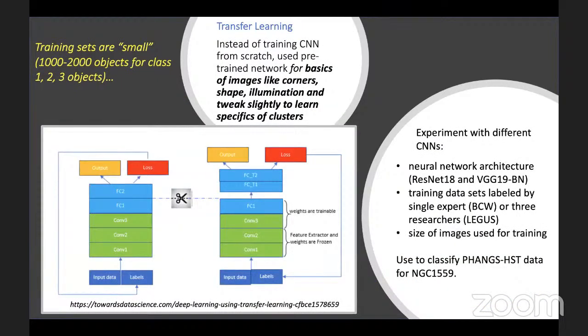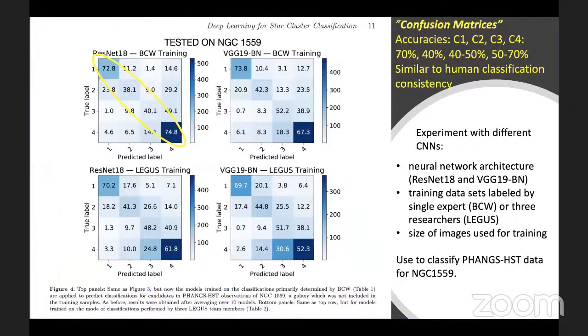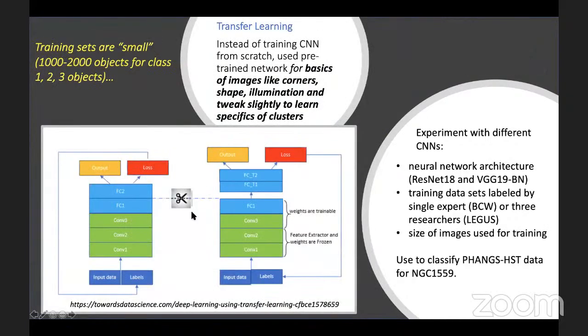Because the sources that have human classifications thus far that can be used for training networks are relatively small compared to the sizes of samples used by data scientists, we use this technique called deep transfer learning. So instead of training a neural network from scratch, we use pre-trained networks on massive data sets of actually everyday images, nothing to do with the night sky.